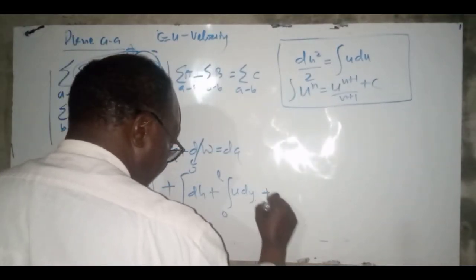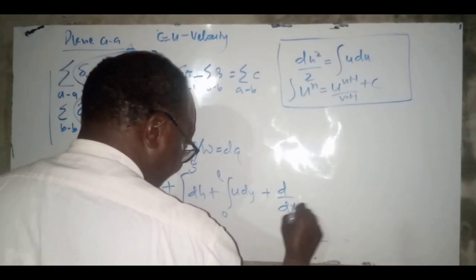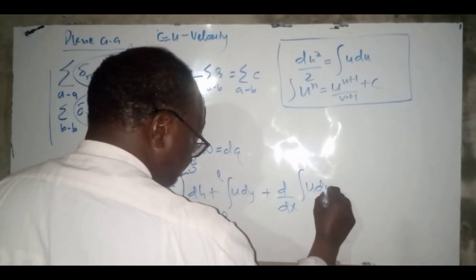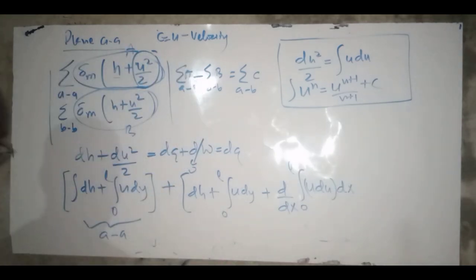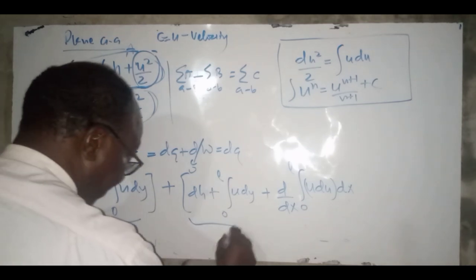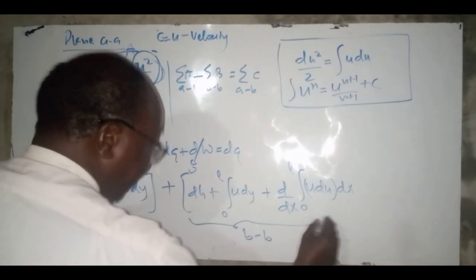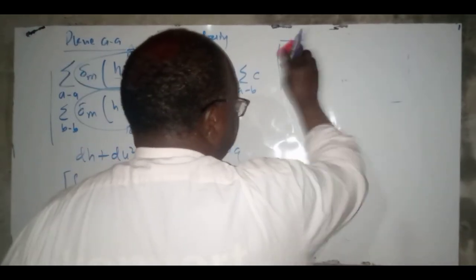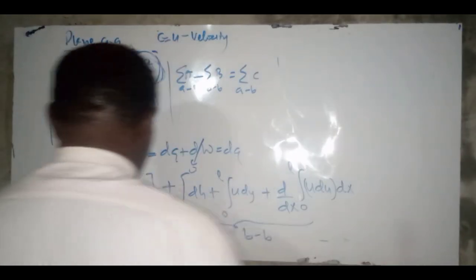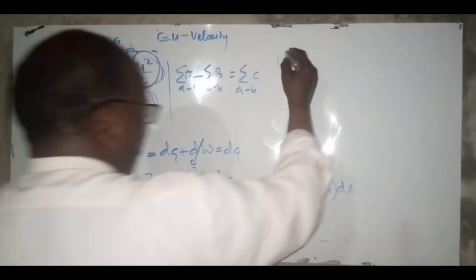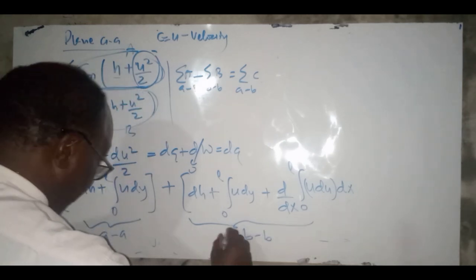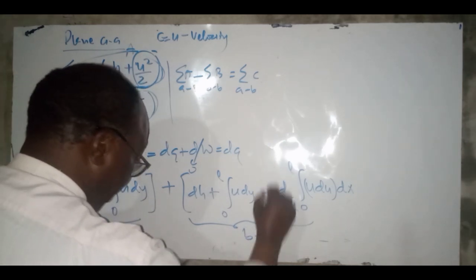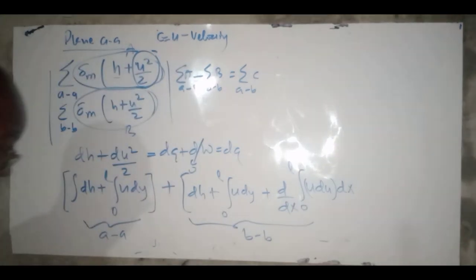That captured the sense that we have the integral of u du dx from 0 to L. This difference here gives us the expression for BB. That's the main difference.